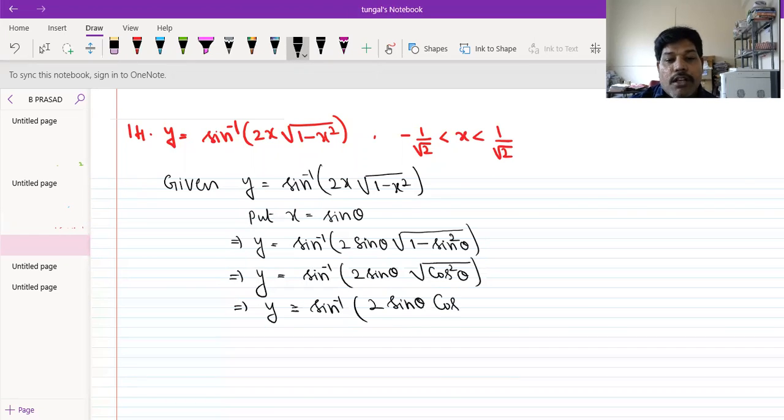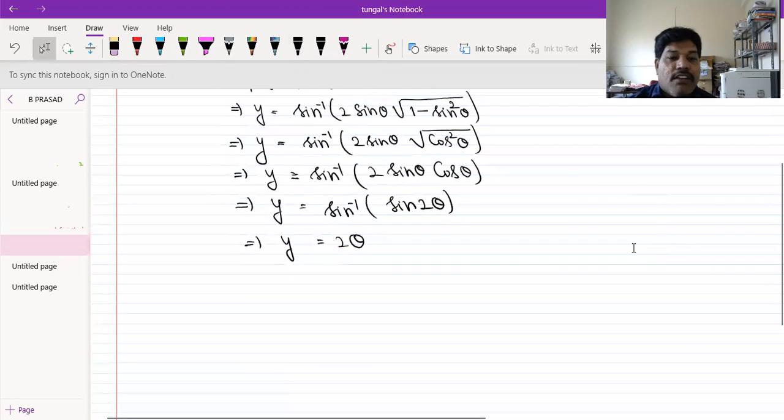It will become cos theta. So y is equal to sine inverse of 2 sine theta cos theta. What is 2 sine theta cos theta, students? Already you know that it is sine 2 theta. So sine inverse would be cancelled. Here we will get y is equal to 2 theta.